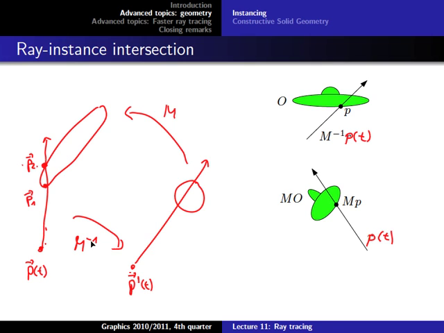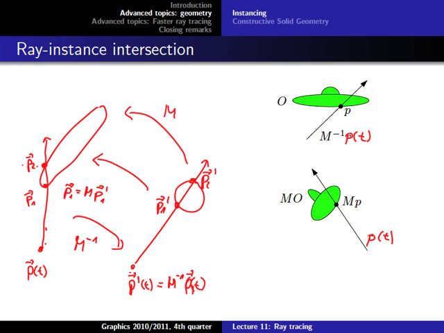So P dash is the inverse of M times the ray P of T. And then we can calculate the intersection points, let's call them P1 dash and P2 dash, because they are relatively seen the same as with this transformed object, but calculated with the ray P dash on this original object.